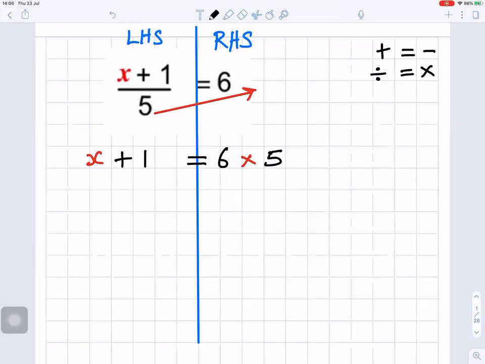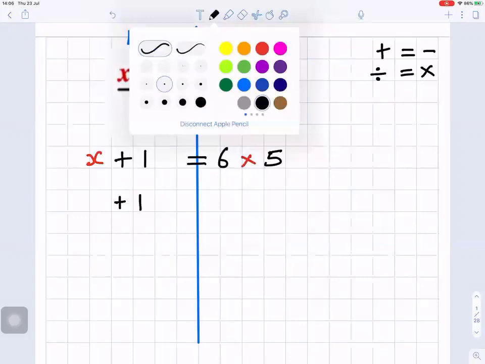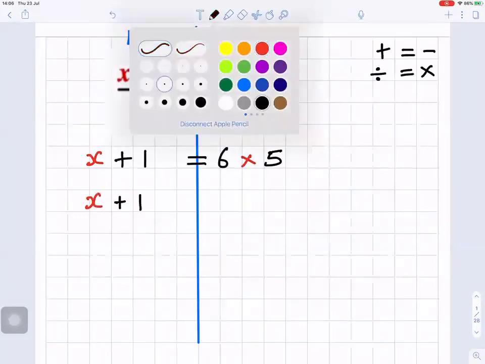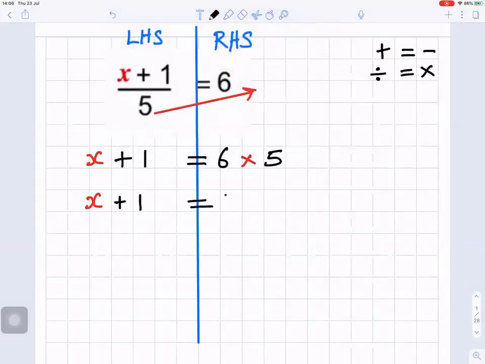So you can write it as x plus 1 is equal to 30. 6 times 5 is 30.